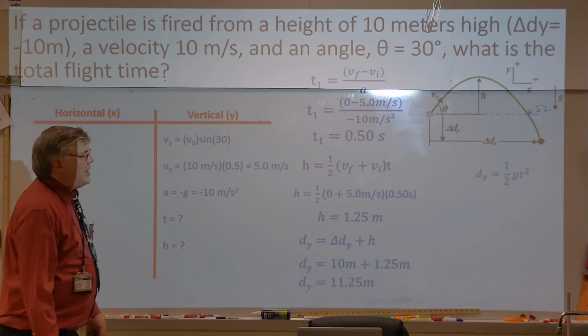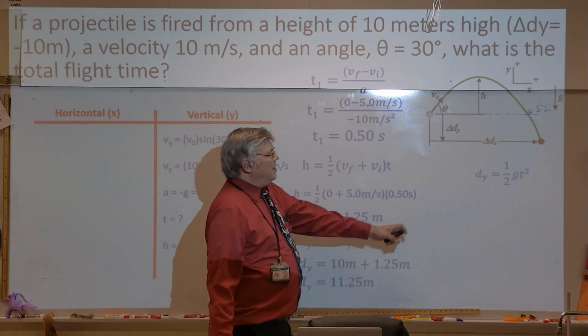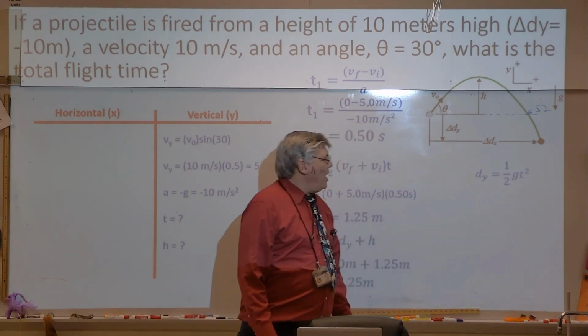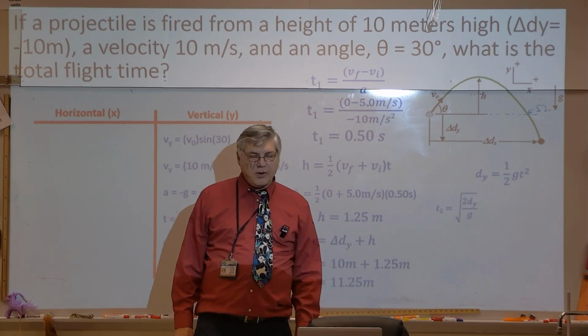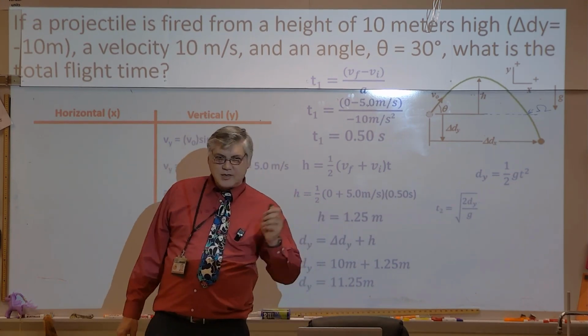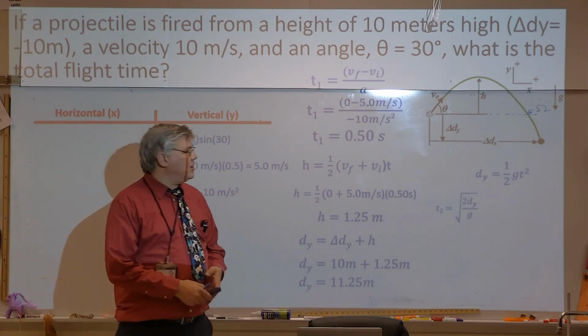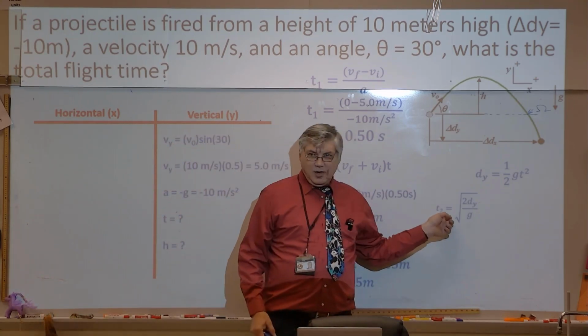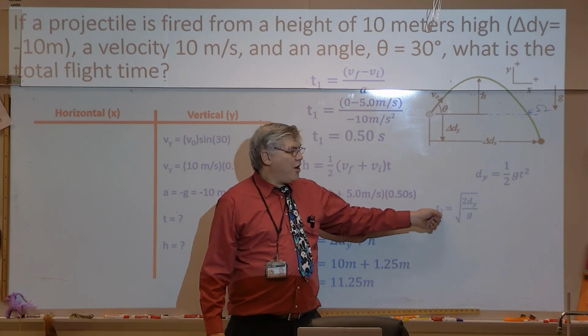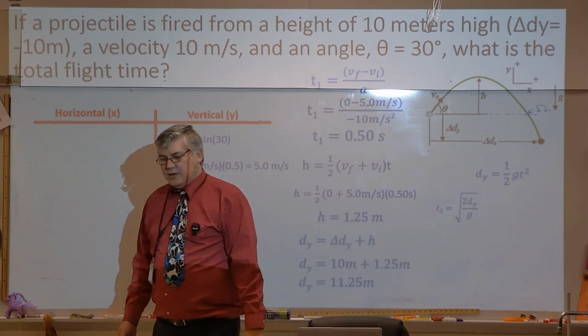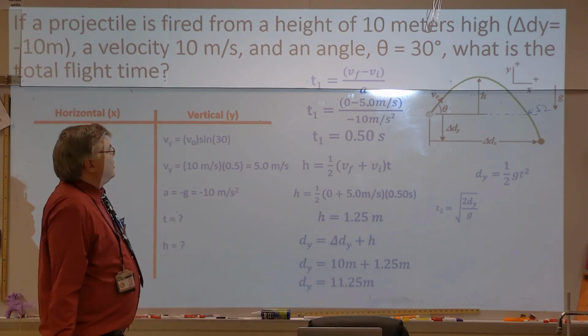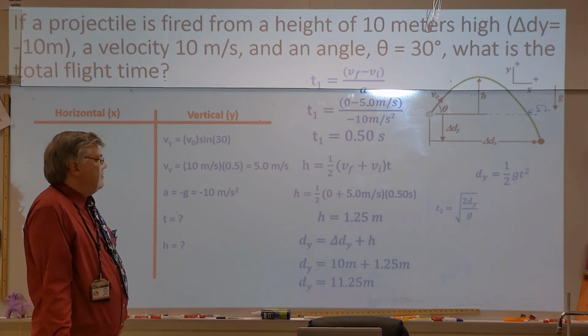I just need to do this: dy is equal to 1/2 gt squared. I rearrange that, and I get this. You guys have seen this equation before, haven't you? How to solve for the time. So how long does it take to fall from that height? I substitute in, and it takes 1.5 seconds.